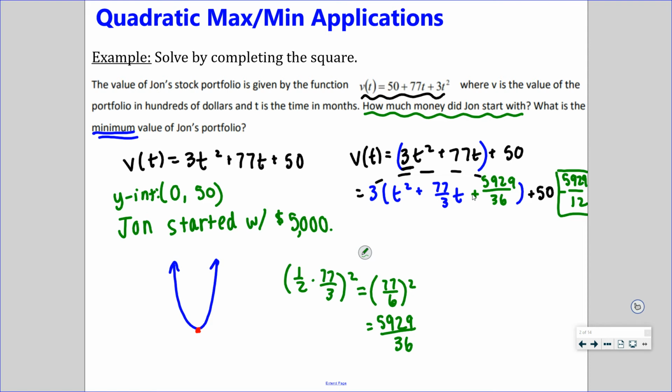Okay, now here's where I'm going to start converting everything to decimals, because this is going to make more sense with decimals. So I added these two numbers together. I added 50 to that. Let me do that again. 50 minus that answer, I got this.